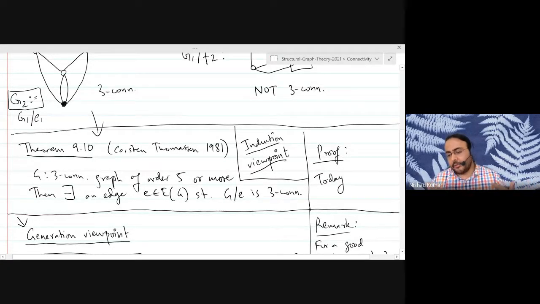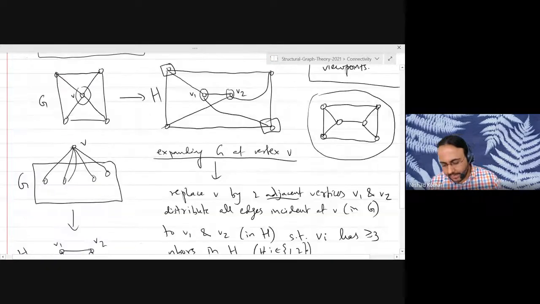You can keep contracting edges. When you get a graph on 4 vertices, then you can delete all the edges and get K4. Typically, when I apply the theorem, I like to delete all the edges which can be deleted and then do contraction when I am not able to delete any edges, which would be the case in this graph. Because here I cannot delete any edge and preserve 3 connectivity. So I have to use Thomassen's theorem and contract an edge.